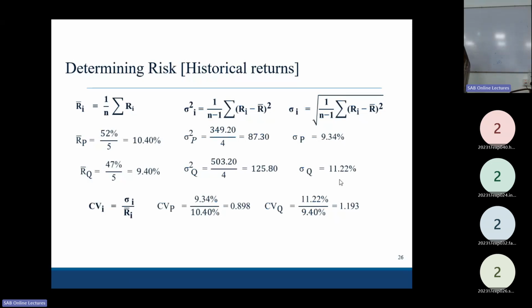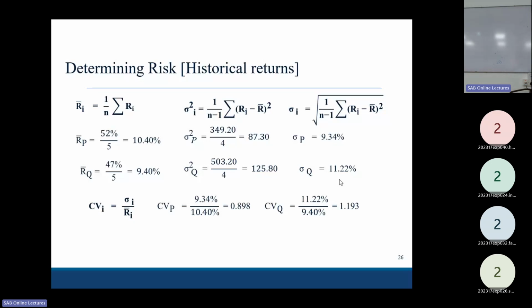Now tell me, which company is risky? Average return is 10.4% for company P. Just calculate this at home and you will get the answers.